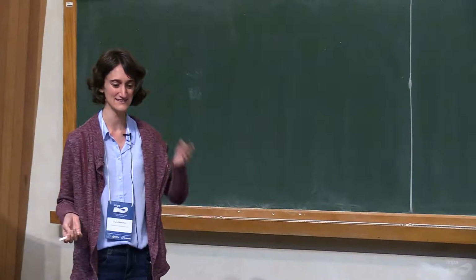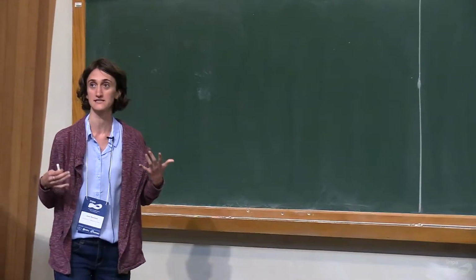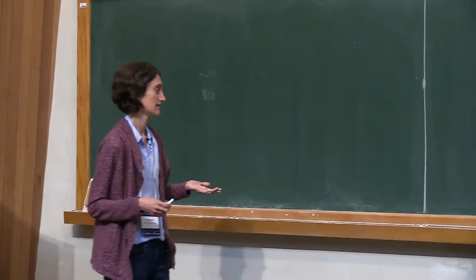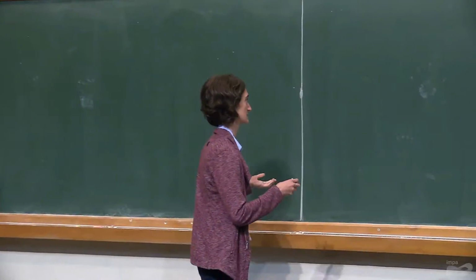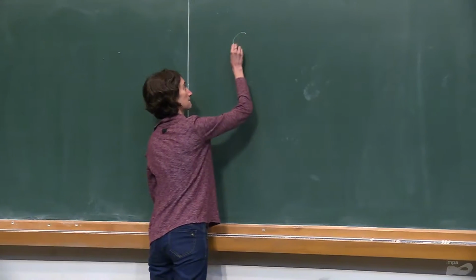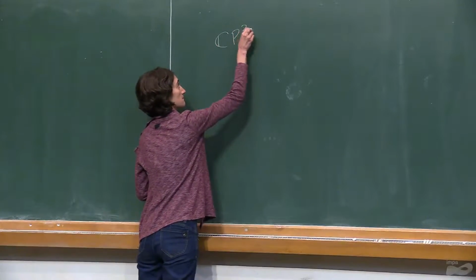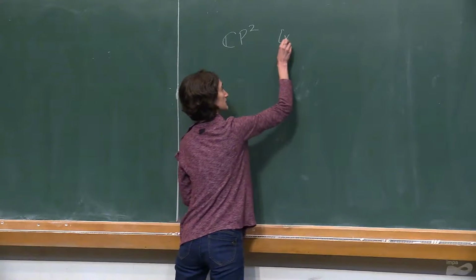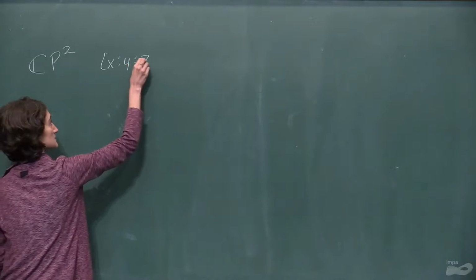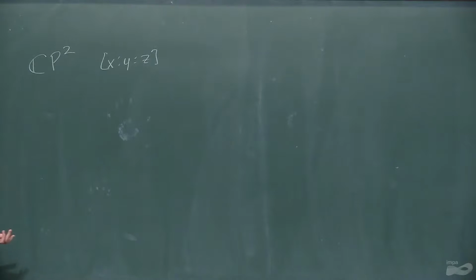The math I want to talk about today, I want to start by discussing a kind of classical subject, which is in the complex projective plane. If we're working in homogeneous coordinates x, y, z, each complex numbers, we can look at a complex curve, which is just the zero set of a polynomial.